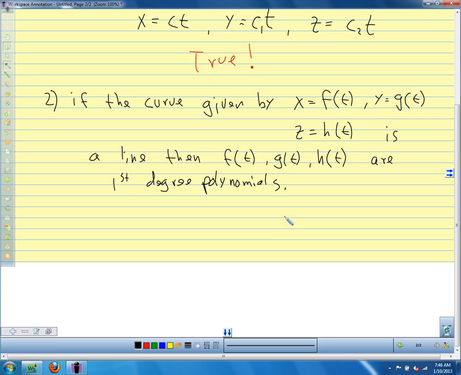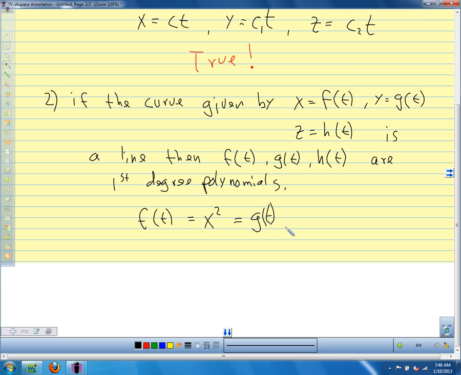What about something more complicated? If f of t and g of t are both t squared, it would just create... Okay, so that would be good. So we could say f of t equals t squared, and that equals g of t.